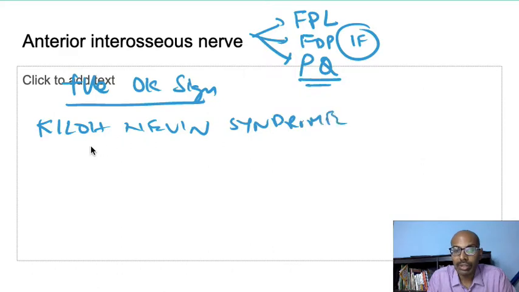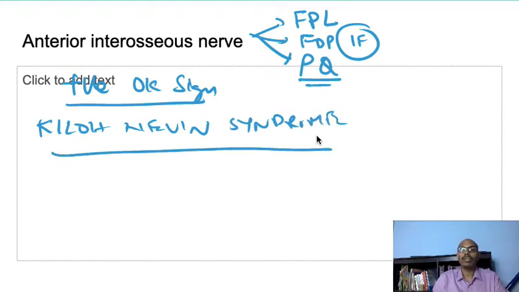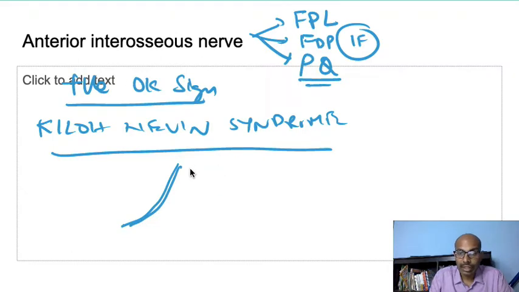Which is the most common fracture associated with anterior interosseous nerve affection? It is a supracondylar fracture of humerus in the pediatric age group, where the superior fragment pokes into the median nerve and causes compression.